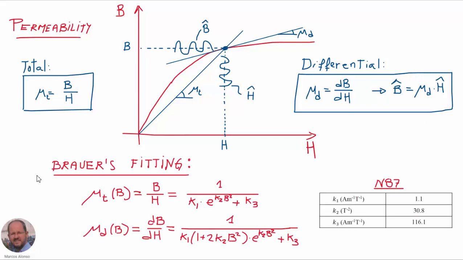In this presentation, we are going to use the Brouwer's fitting that provides the values of the total permeability and the differential permeability as a function of the magnetic flux density, as shown in these equations here, in which K1, K2, and K3 are constants that depend on the type of material. For example, for the N87 material, we can use the values shown in this table.